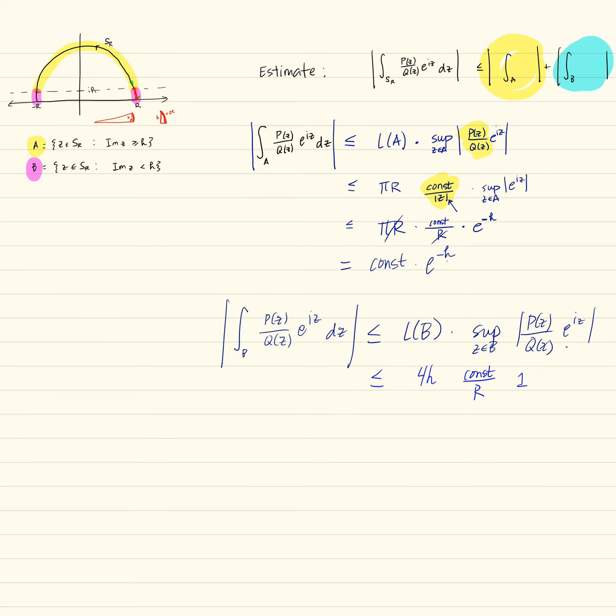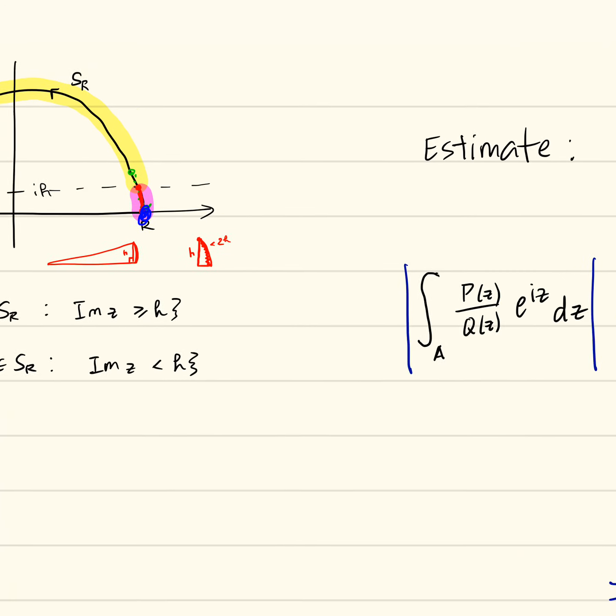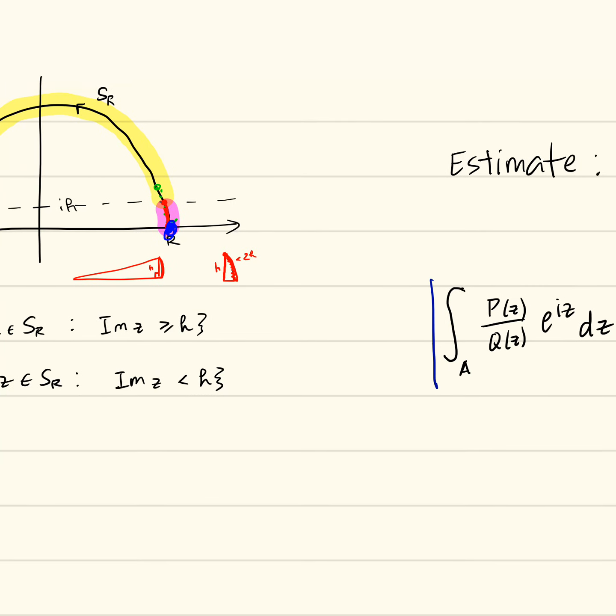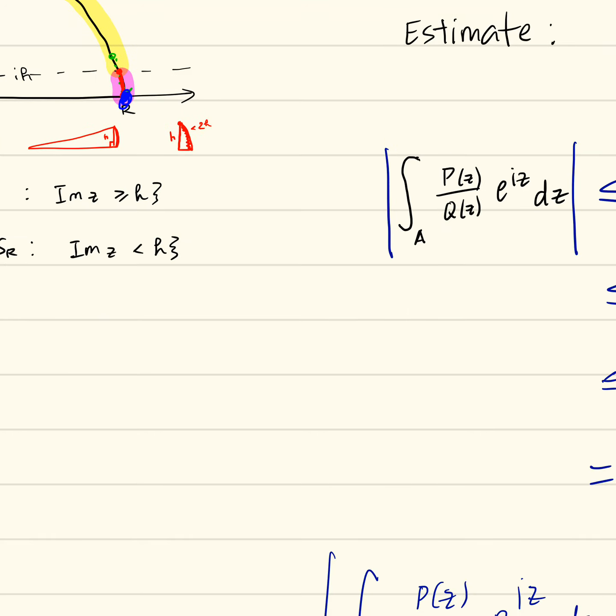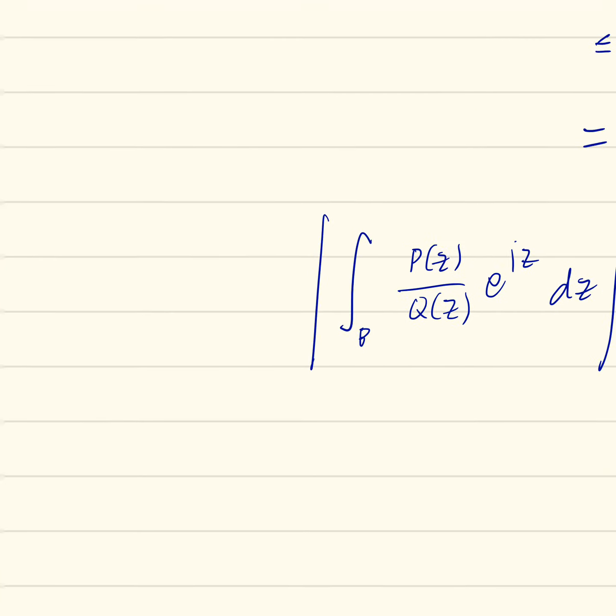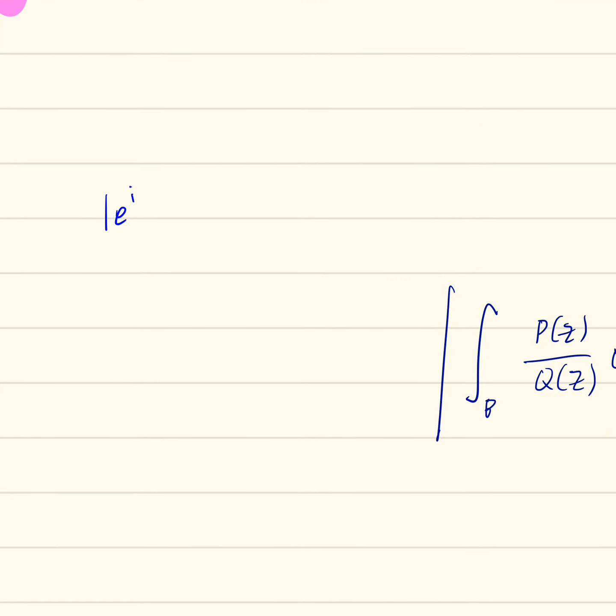Because this point here, r comma 0, is always going to be in there, which is going to have your y value equal to 0, right? So the modulus of e to the iz, right? So if z is in b, that implies z could be just r, which is r plus i0, right? Now we computed this is e to the minus y, so that would be e to the minus 0.